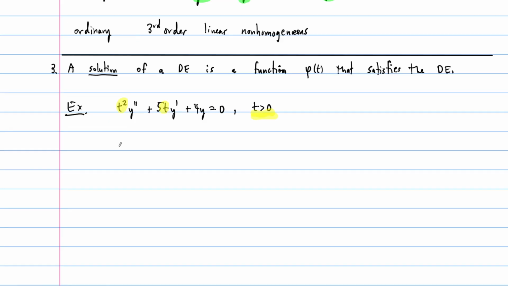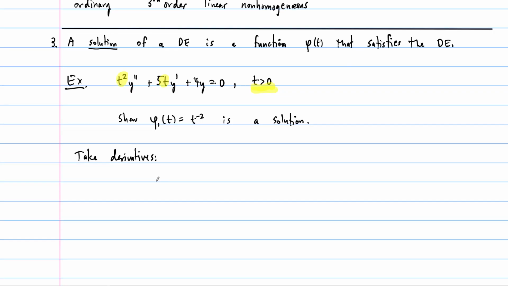And I want to show that this function, which I'll call phi1, because it turns out this has multiple solutions, phi1 of t equal to t to the minus 2 power, is a solution. So what do I have to do? Well, I have to take the derivatives of this function phi1, and plug them back into this equation and make sure that the left-hand side truly does add up to 0. So I need to take these derivatives, and I'm going to write this out in a table.